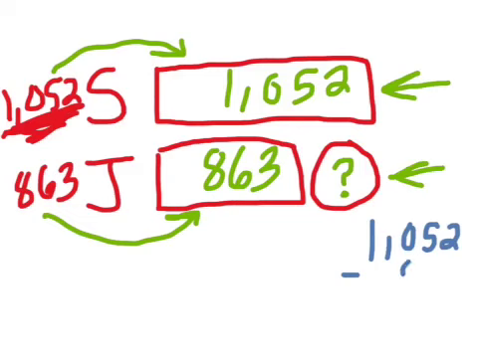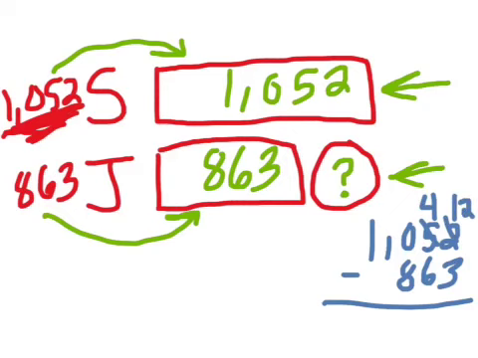1052 minus 863, ungroup. 12 minus 3 is, everybody? Right, 9. 4 minus 6. That's right, I can't do it, so I have to go over. Oh, it's a 0. Better go over another one. Take this away, bring it here, turn my 10 into a 9, my 4 into a 14. 14 minus 6.